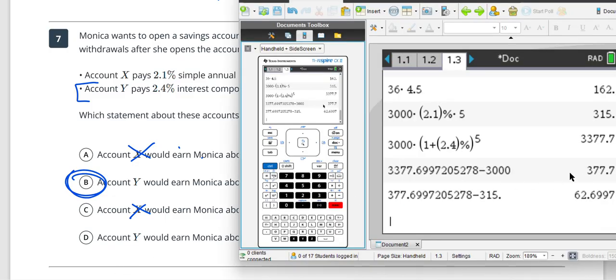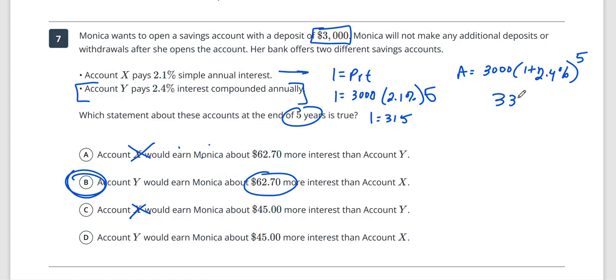Coming over here, just so you can finish it up, that'd be 3,377, approximately. So we're going to subtract to get the principal. Actually, that's my interest. You take all of it together, minus the principal, which gives you the interest.